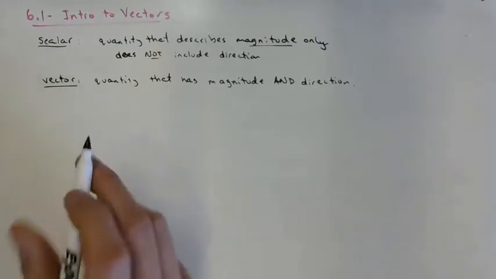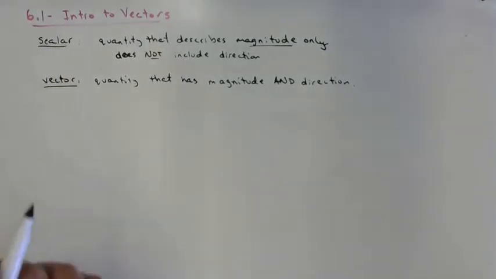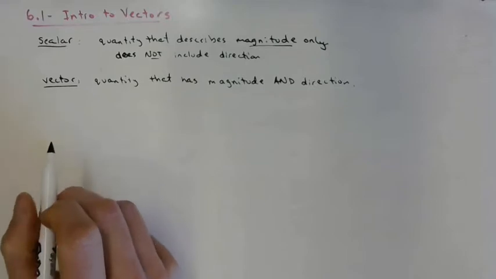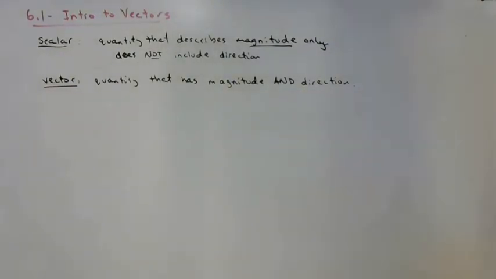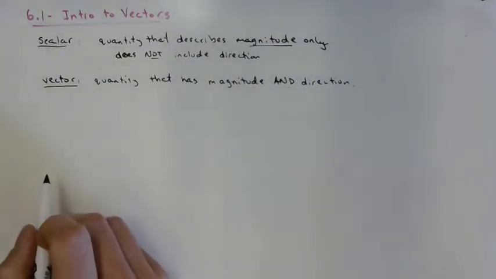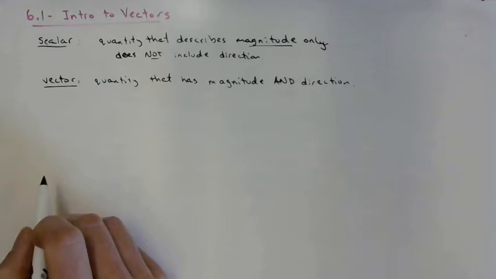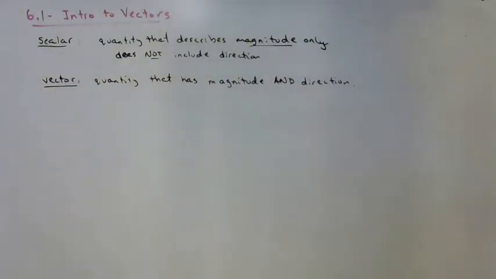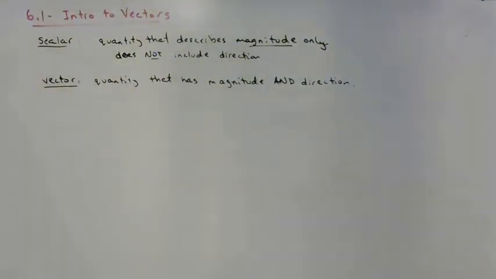So there are a handful of examples, we can make a little chart. Maybe let's do that. So we'll just head into example 1. Example 1 says state whether each of the following is an example of a vector or a scalar quantity.